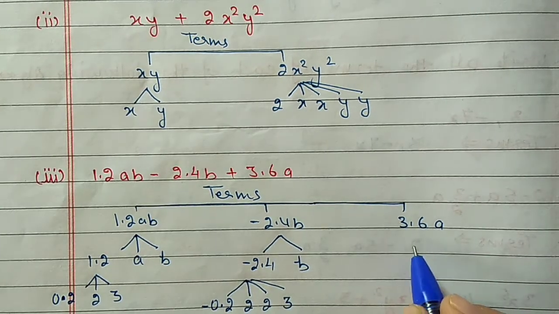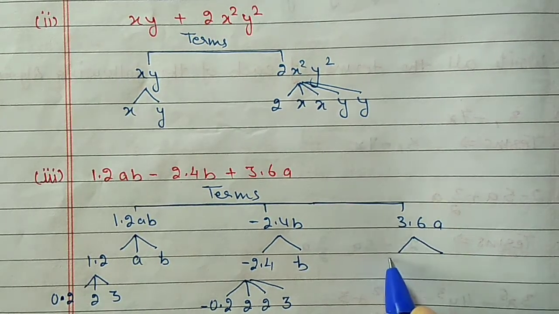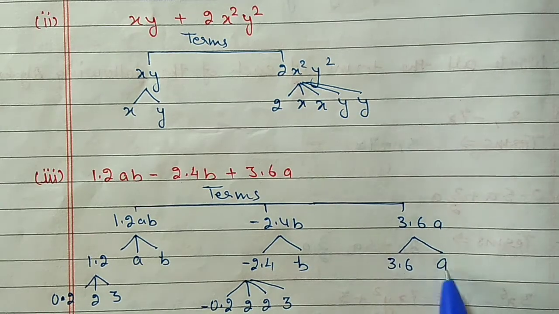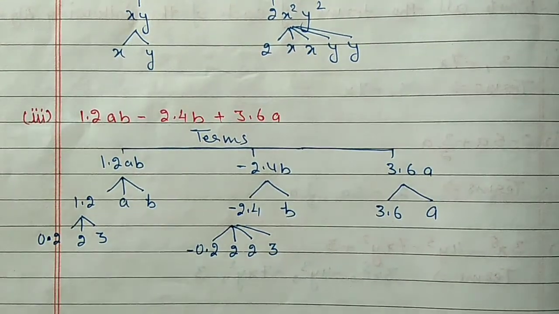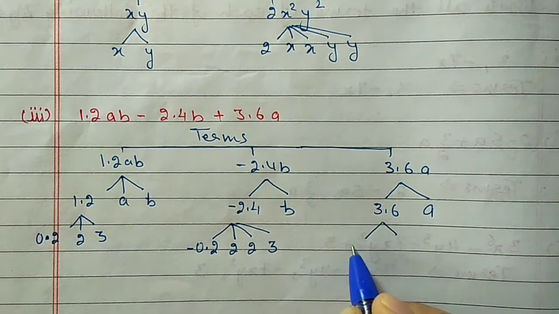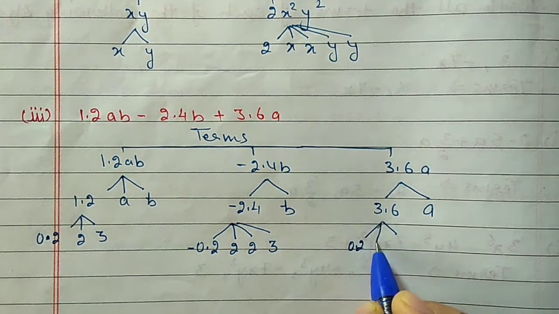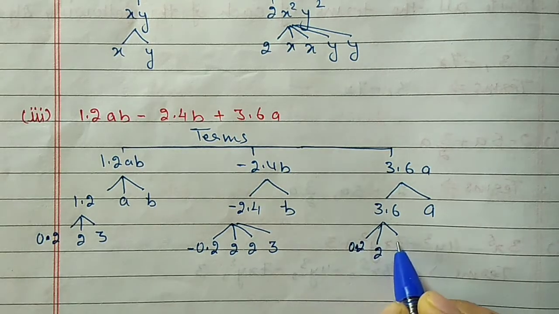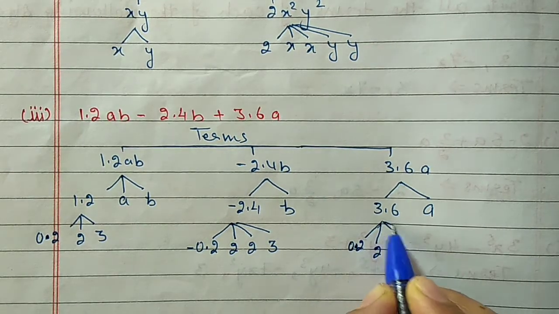Here this 3.6 we can write as 3.6 into a, and again this 3.6 we can split into 0.2 into 2 into 3 into 3.